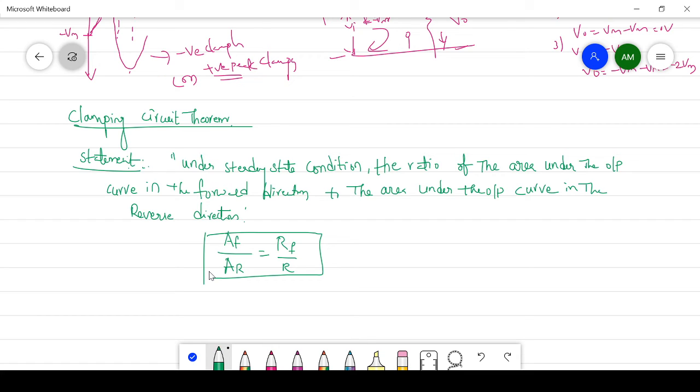So AF by AR is equal to RF by R, where RF is the forward resistance of the diode and R is the shunt resistance of the diode.